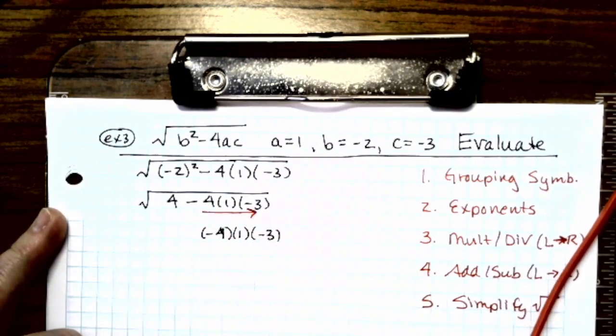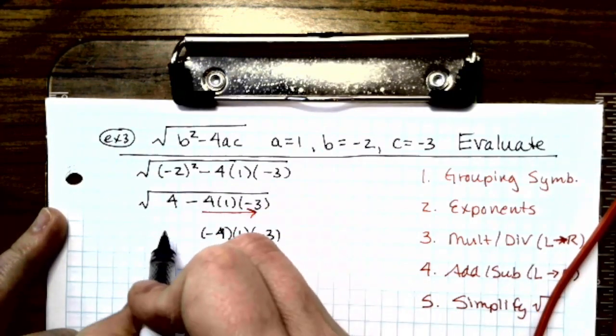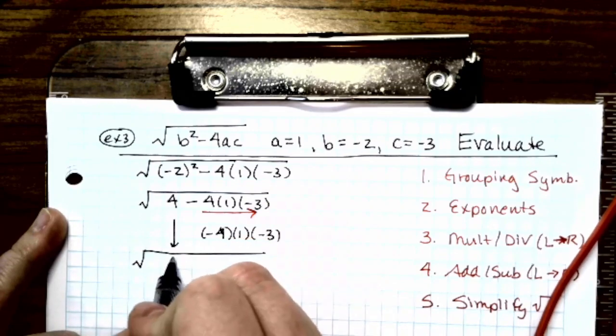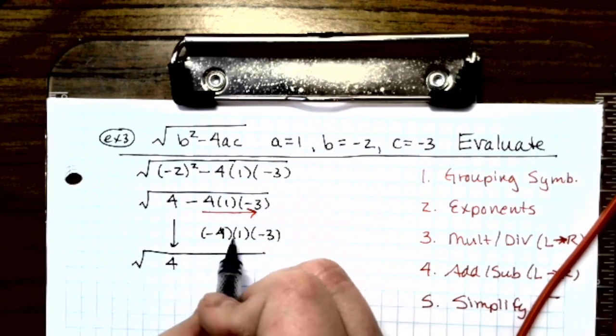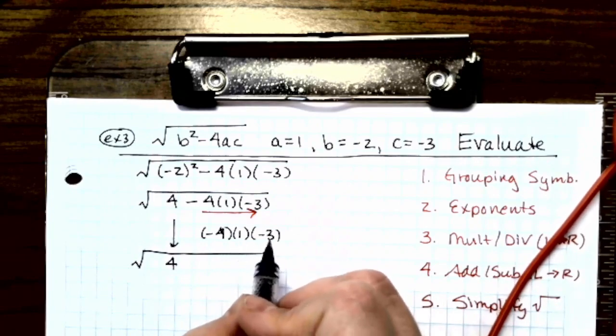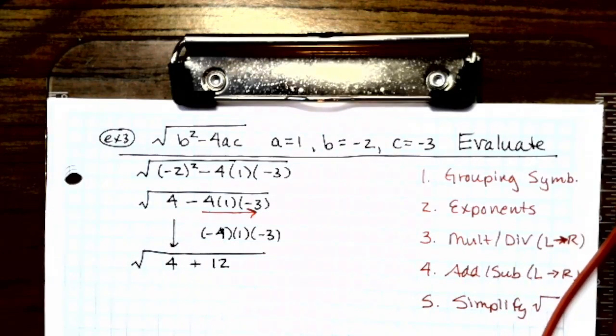And we're going to go left to right. For right now, the 4 just gets carried down. So negative 4 times 1 is negative 4. Keep going to the right. Negative 4 times negative 3 is positive 12, and we're done multiplying.